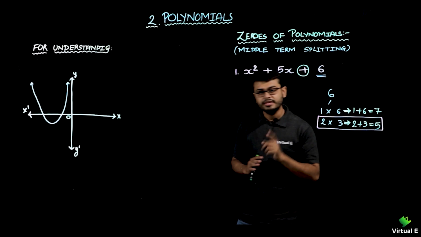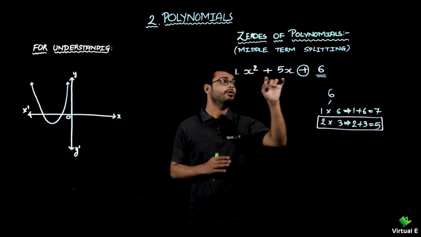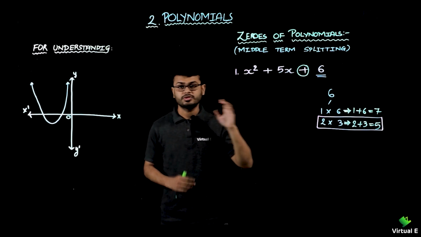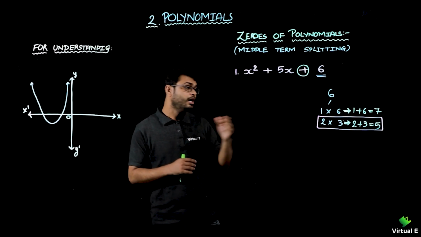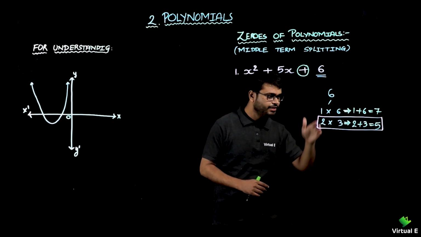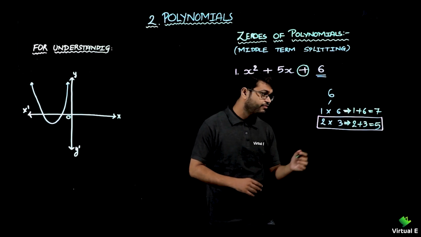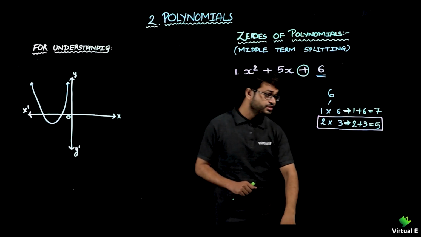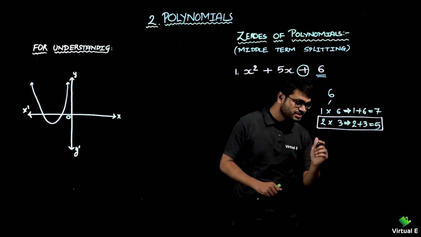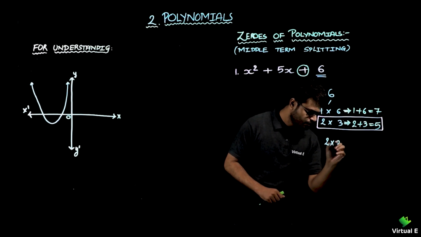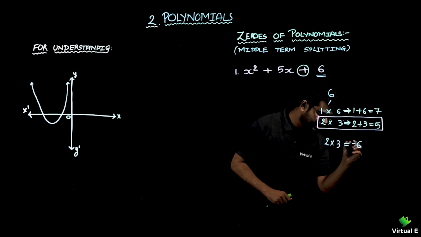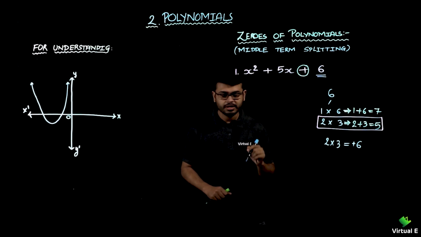Now observe one thing over here, that all signs are positive. So we are not thinking about whether 2 is negative or 3 is positive, right? Now let's do a cross check. Multiplication should be 6, that is 2 into 3 is equal to 6, that is positive, so plus 6 over here.